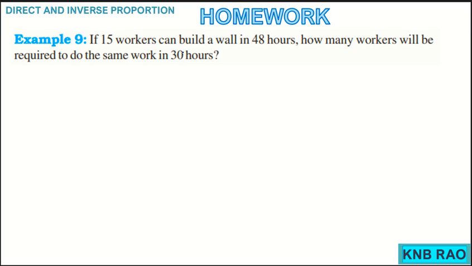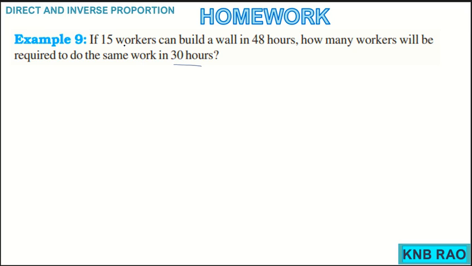If 15 workers can build a wall in 48 hours, how many workers will be required to do the same work in 30 hours? When you are solving such questions, first you need to identify whether it is of the type direct proportion or inverse proportion.